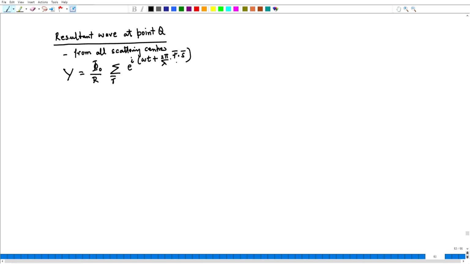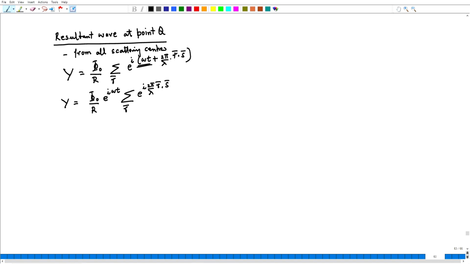Now, here we can slightly simplify it. We can take the omega t part out of the summation, and I can write phi 0 upon R times e to the power i omega t, summing over all the R vectors, e to the power i 2 pi upon lambda R dot S.